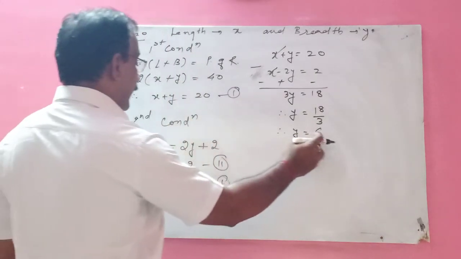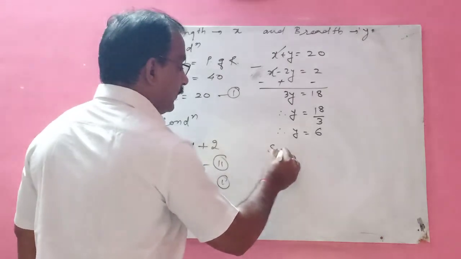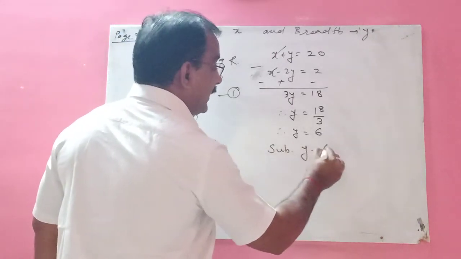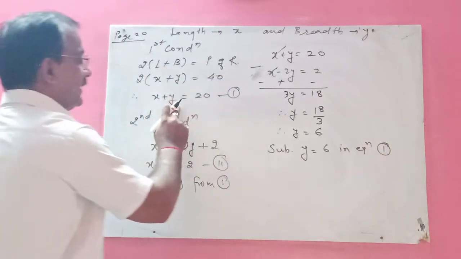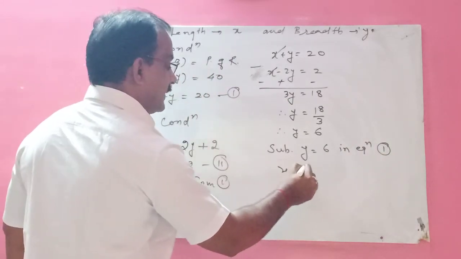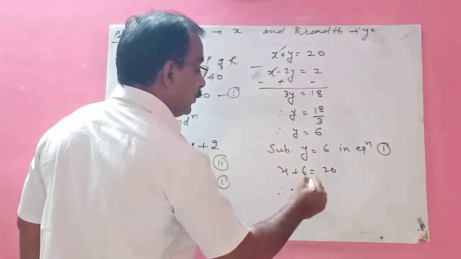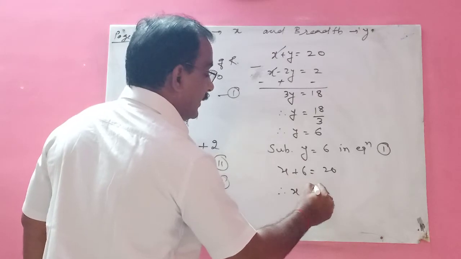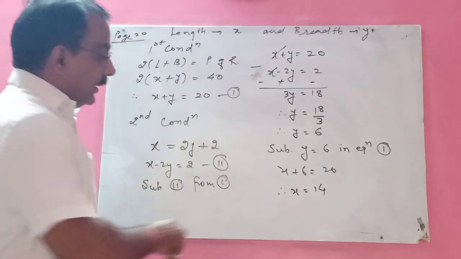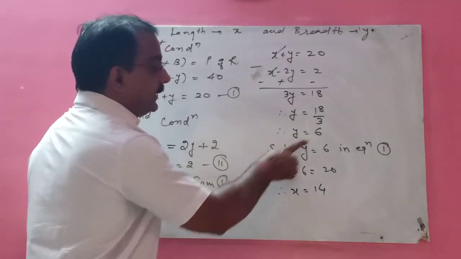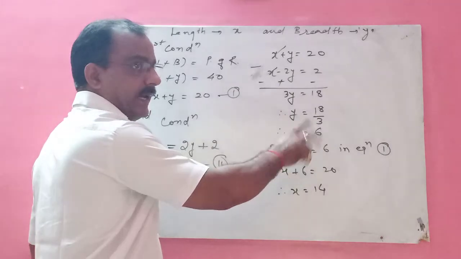If y equals 6, how do we get the value of x? Substitute y equals 6 in equation number 1, because this is easy. So x plus 6 equals 20, therefore x equals 20 minus 6, which is 14. You can see the length is double the breadth and 2 more: 14 is double of 6 and 2 more.